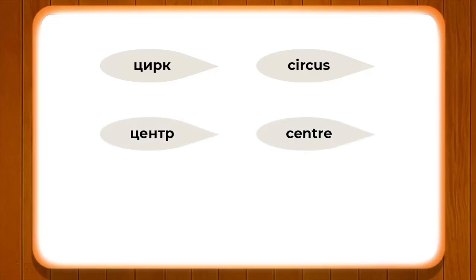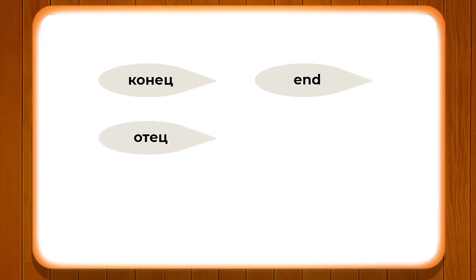We have the first one, cirque. Cirque means circus. Center means center. Concert means concert. Koniec means end. Отец means father, and Indiec means Indian.